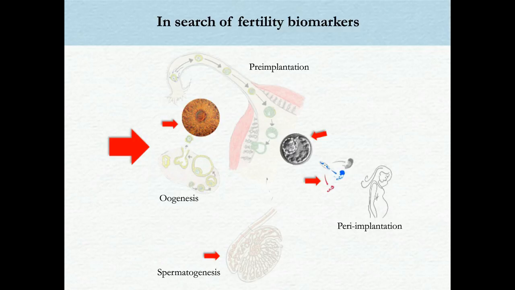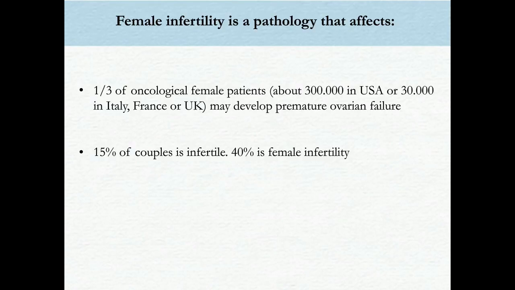Just consider that every year, 1/3 of oncological female patients, which count for about 300,000 in countries like USA or 30,000 in Italy, France, or UK, may develop premature ovarian failure. And to these, we must add 15–20% of couples which are infertile, and of these, 40% are attributed to female infertility.